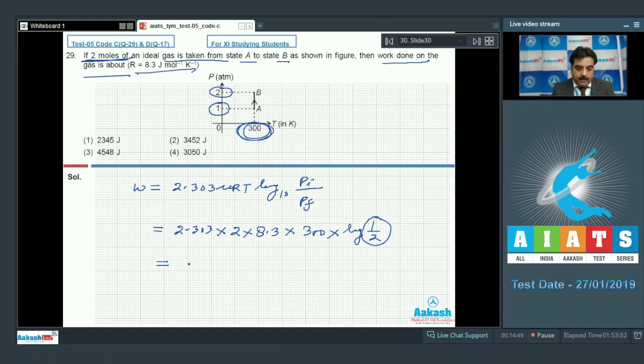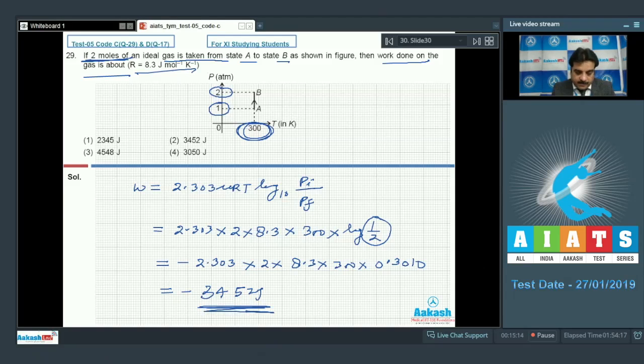So log 2, you know the value of log 2. So I am going to write minus 2.303 into 2 into 8.3 into 300 into the value of log 2, 0.3010. When you calculate, you will get minus 3452 joule. Here the minus sign indicates the work is done on the gas. By this value you can observe option number 2 will be the right choice. So let's move on to question number 30.